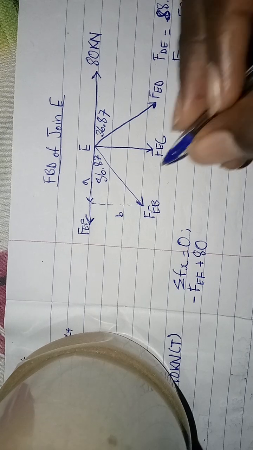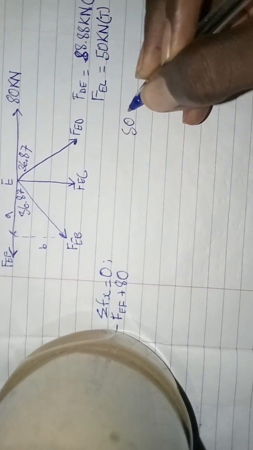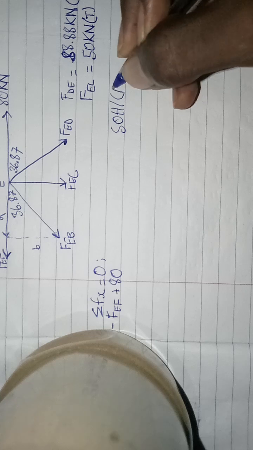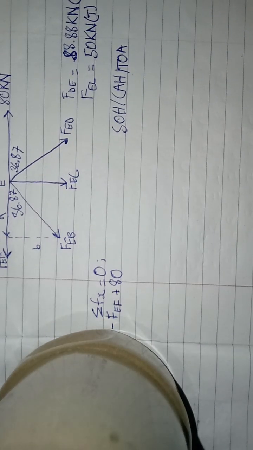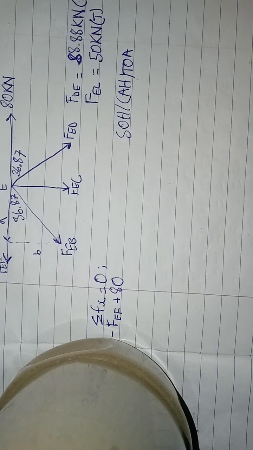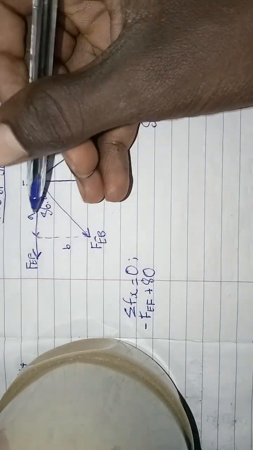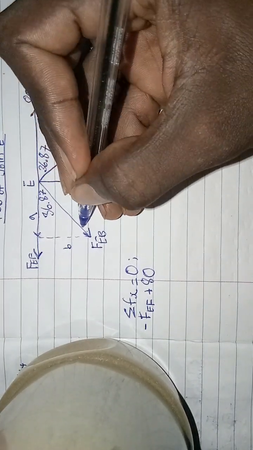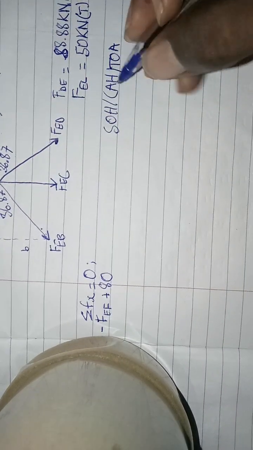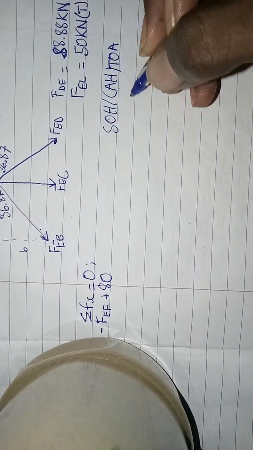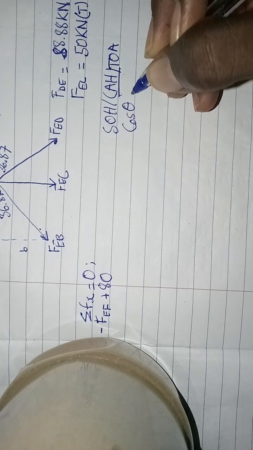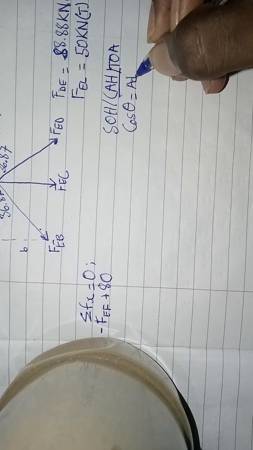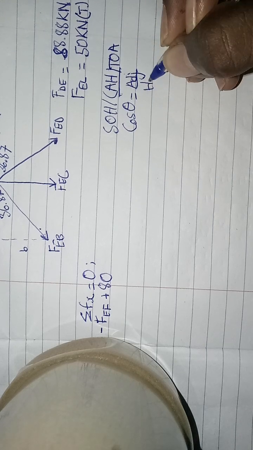We are dealing with the adjacent and the hypotenuse, so cos theta will be equal to adjacent over hypotenuse.